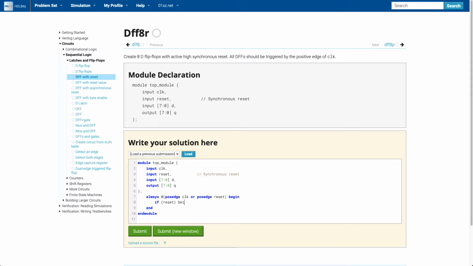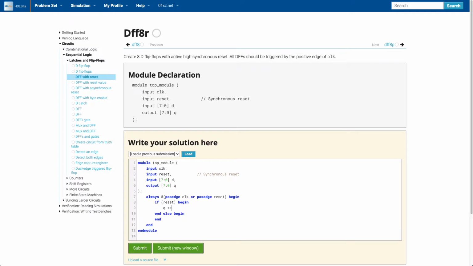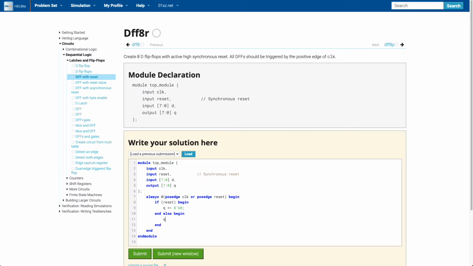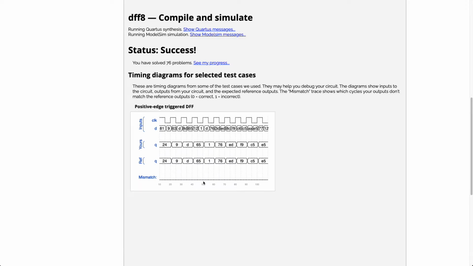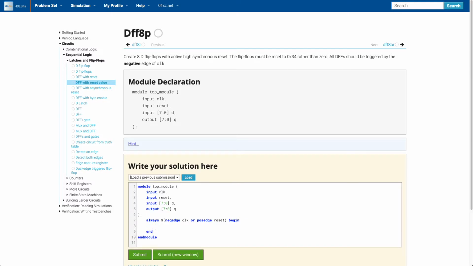So if reset, negedge clock or, because active high reset will just be posedge.